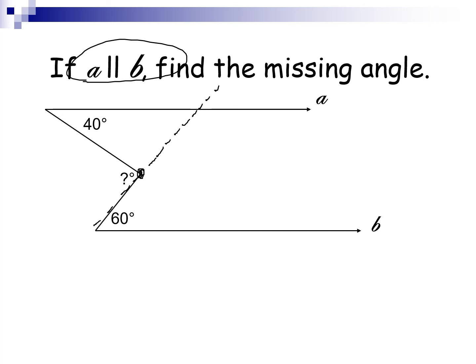So if those are parallel, tell me what's happening with this 60, and we're parallels now, and right up here. What would 60 do with that angle right there? That would be alternate interior, so it would be 60.